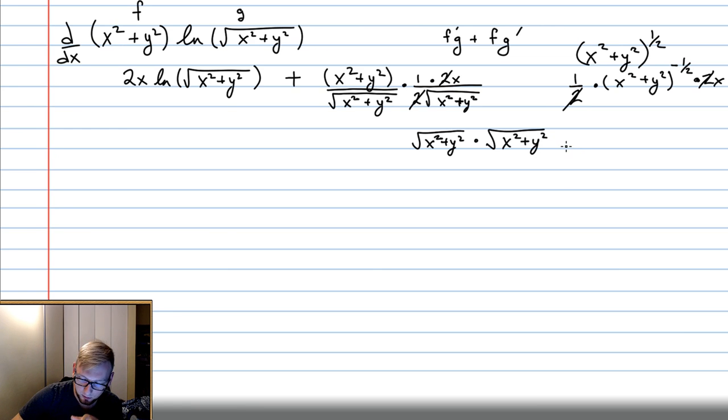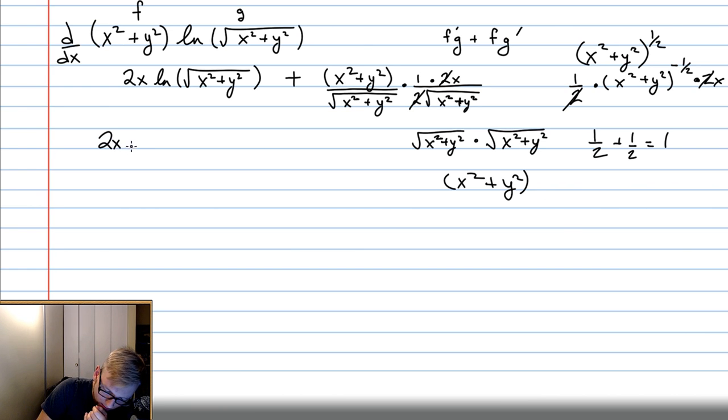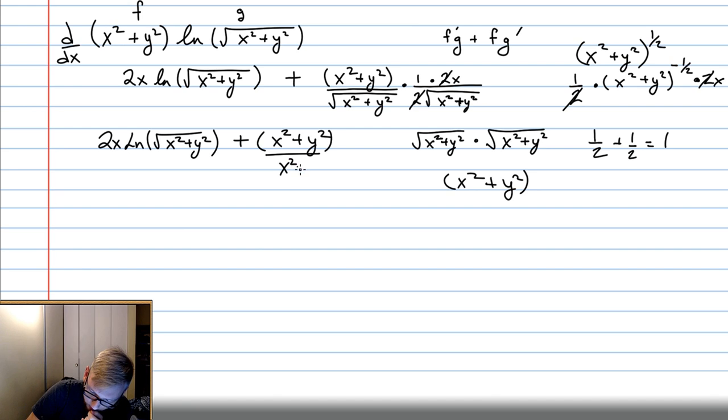Remember there, it's 1/2 and 1/2. When you multiply, the exponents add. 1/2 plus 1/2 equals 1. So this becomes just x squared plus y squared on the bottom. So then this is 2x ln of square root of x squared plus y squared plus x squared plus y squared over x squared plus y squared.